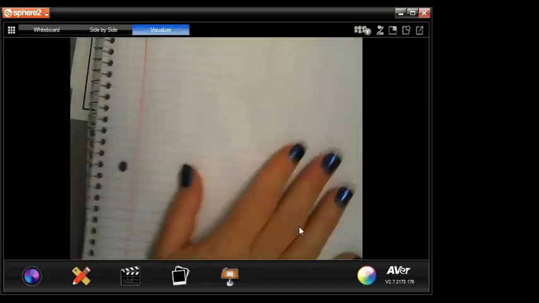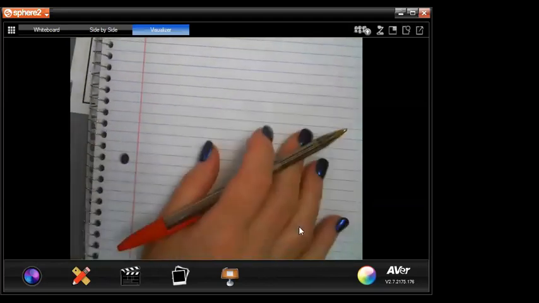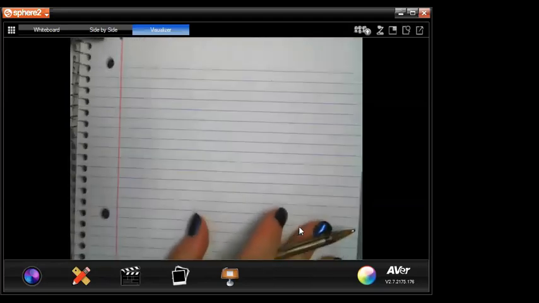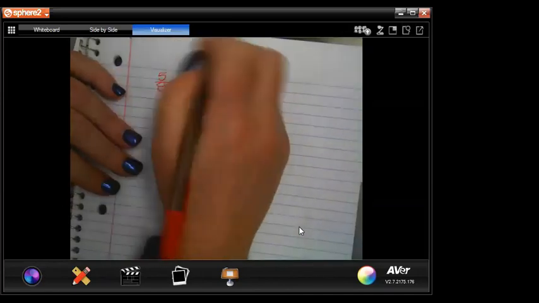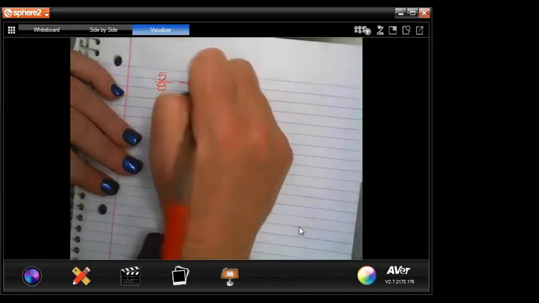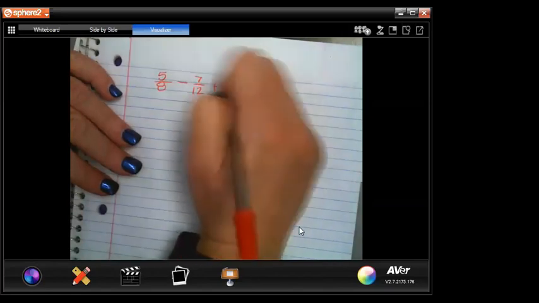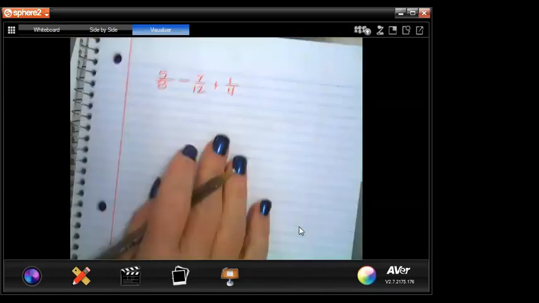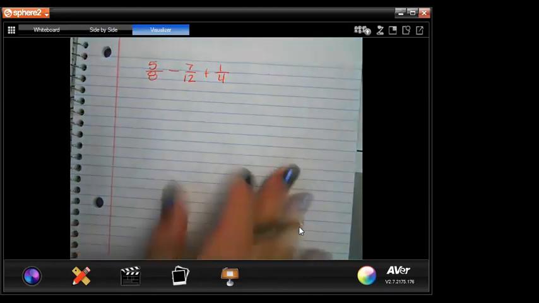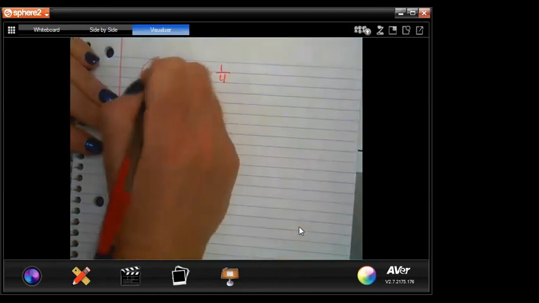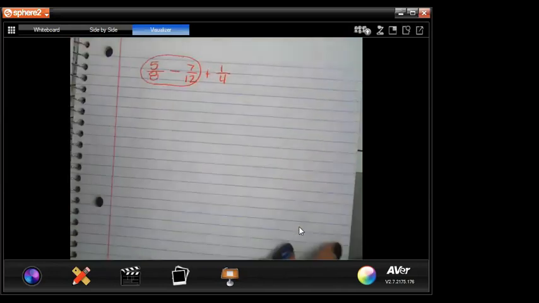Okay, so now let's take a peek at another type of problem, fractions. All right, but this time we have 3 fractions that we have to deal with. So again, we're going to solve these first because order of operations makes us do that.